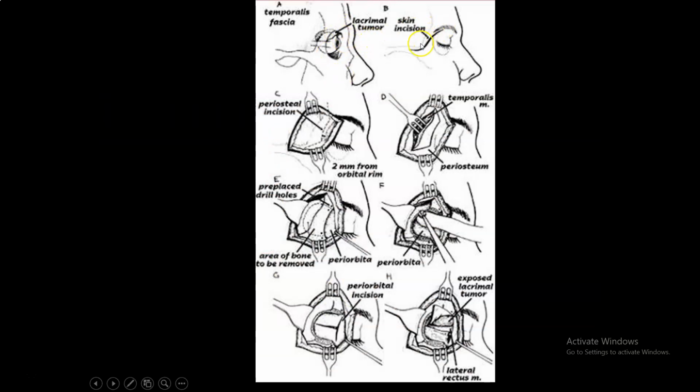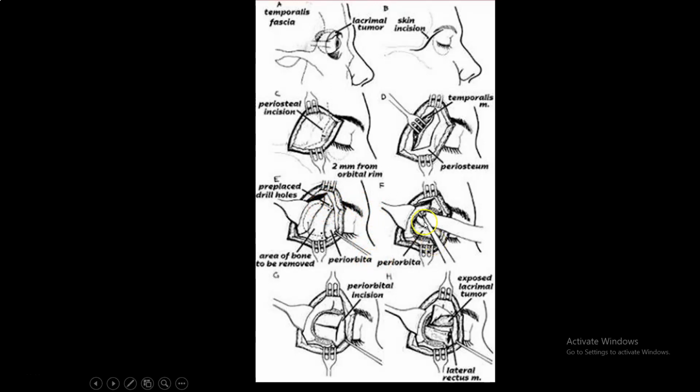After you make your skin incision, you will have to dissect the periosteum from the orbital rim, opening the temporalis fascia and reflecting the temporalis muscle posteriorly, then dissecting the periorbita from the lateral orbital rim and putting in the drill holes before cutting in between.